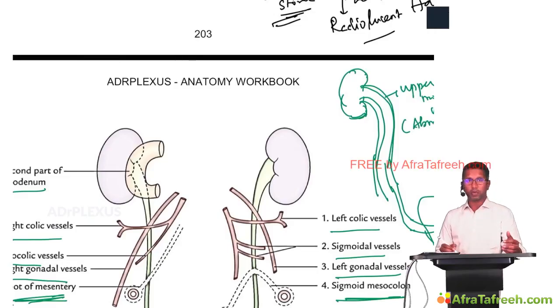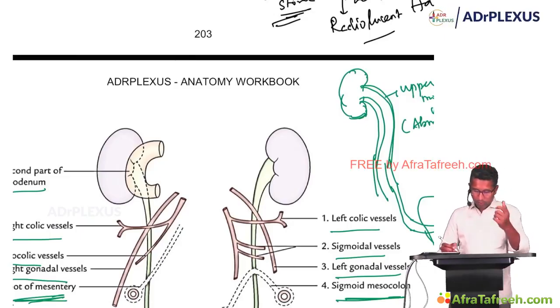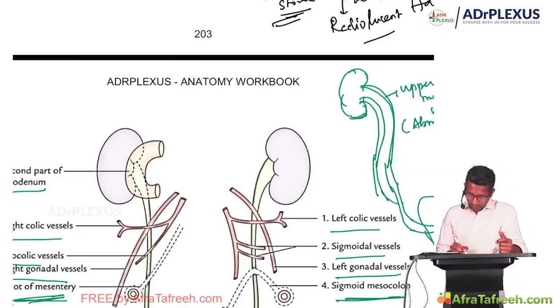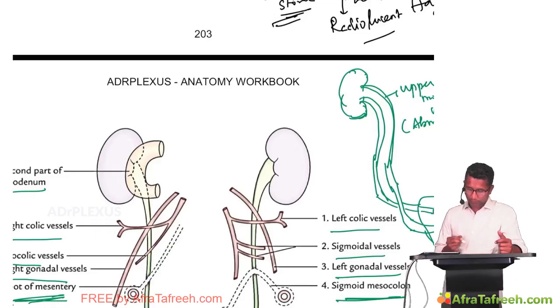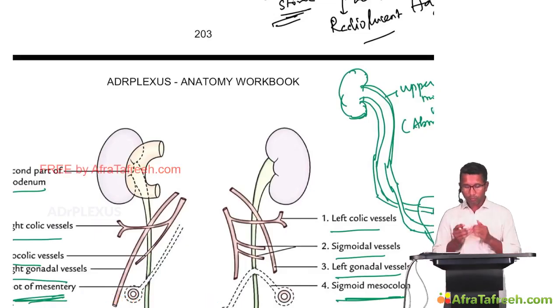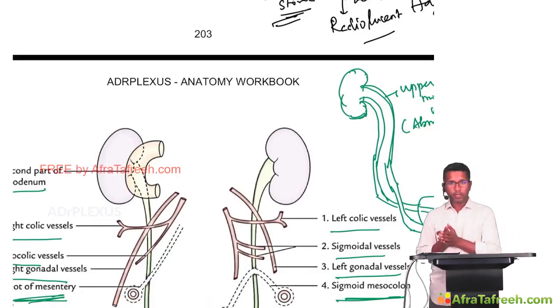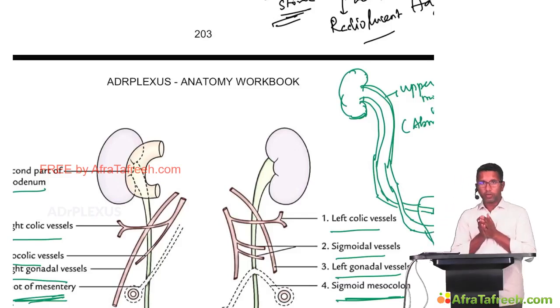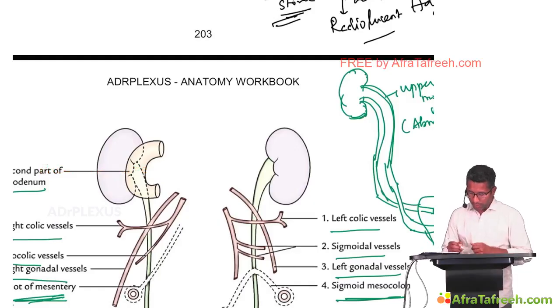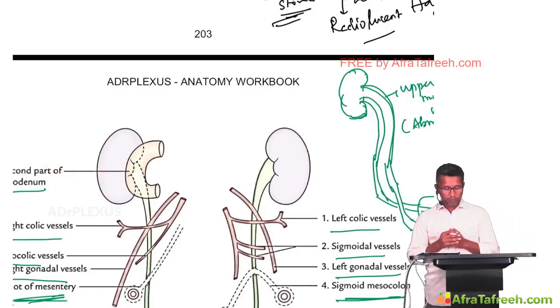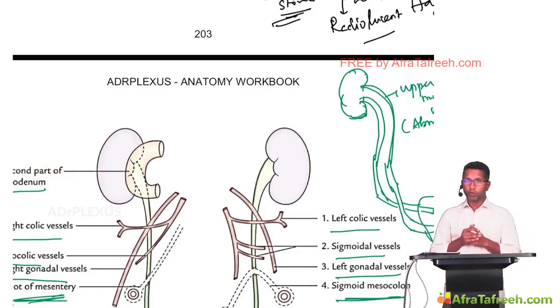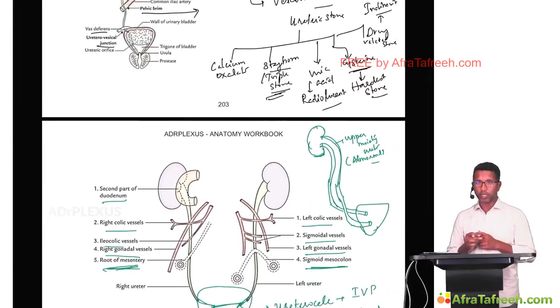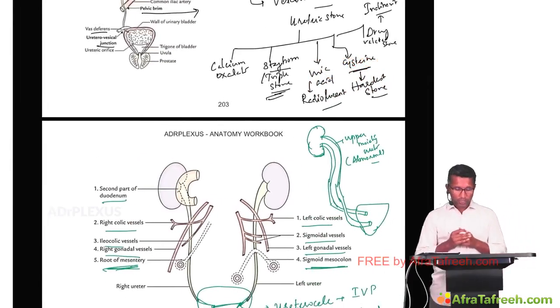It opens at an abnormal place, whereas the lower moiety ureter will open at the routine site into the lateral aspect of the trigone. So the upper moiety ureter opens inferiorly and medially, and the lower moiety ureter opens superiorly and laterally.